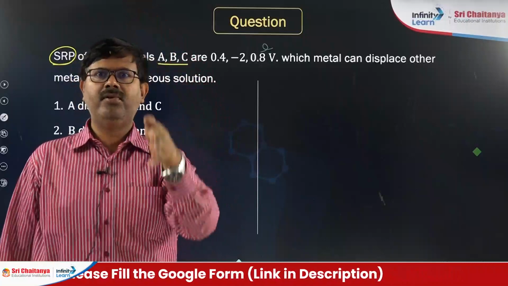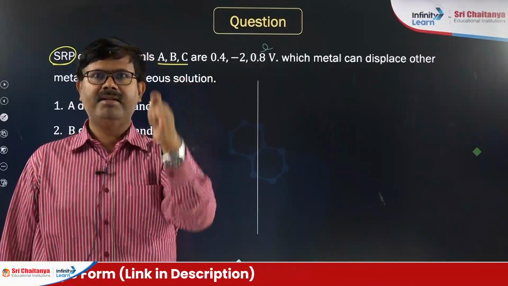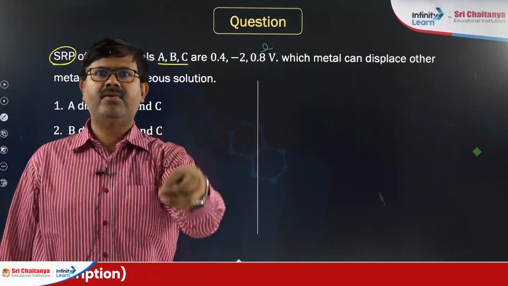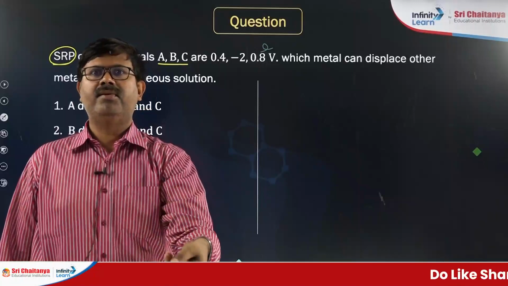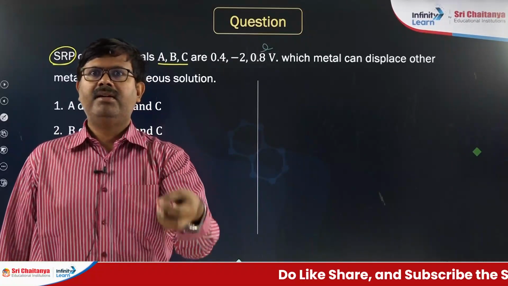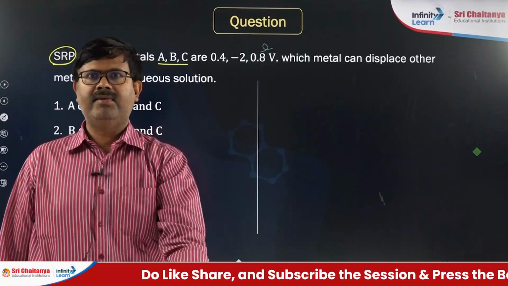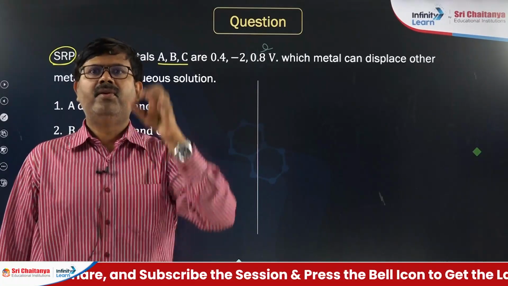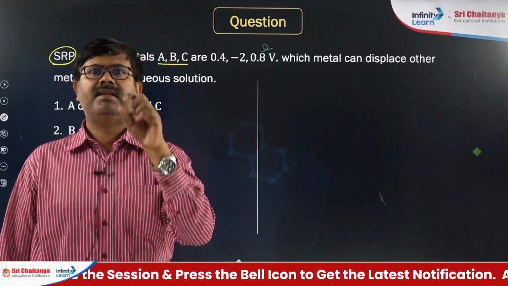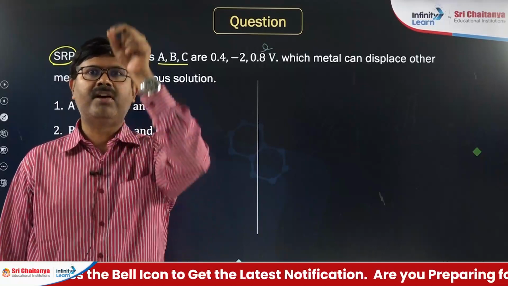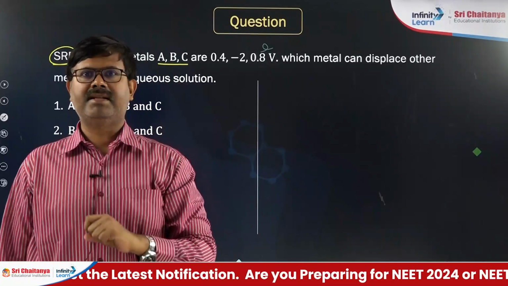From lithium to gold, lithium is the highly reactive. As you go down, copper, mercury, etc., and gold you will get. Gold is the least reactive in that series. On what basis have they arranged this? On the basis of the reduction potential. Top to bottom, reduction potential increases.